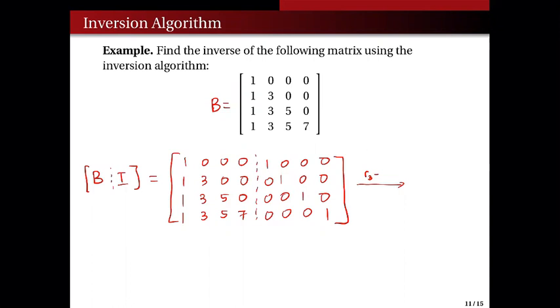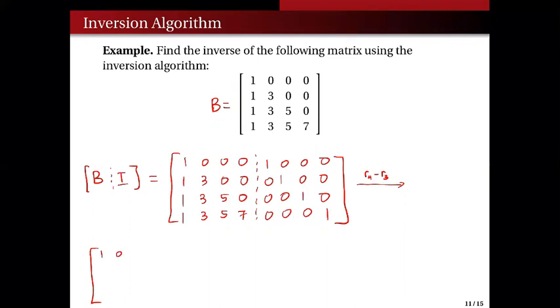Sorry, I want to subtract row 4 minus row 3. So if we do that, we are fixing first row, second row, third row. We are changing row 4.